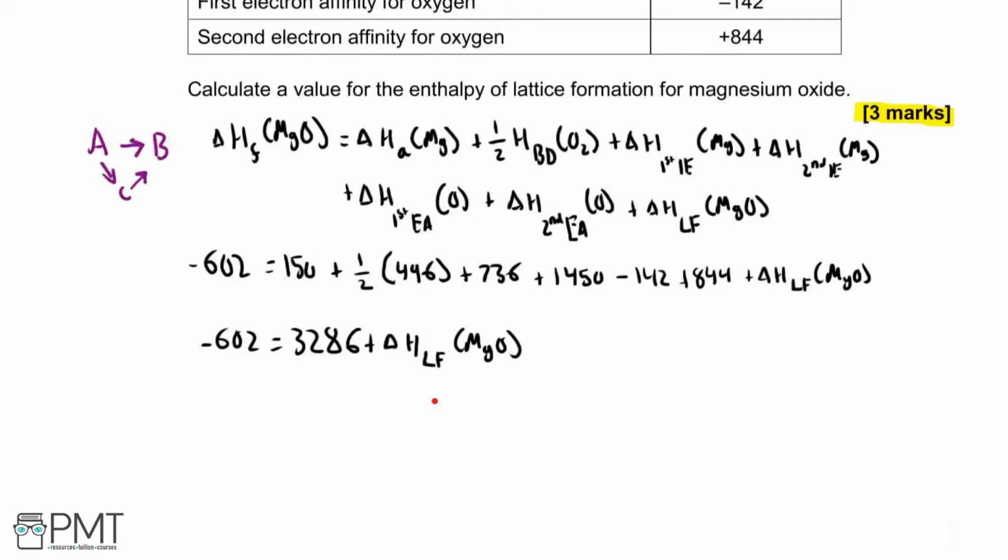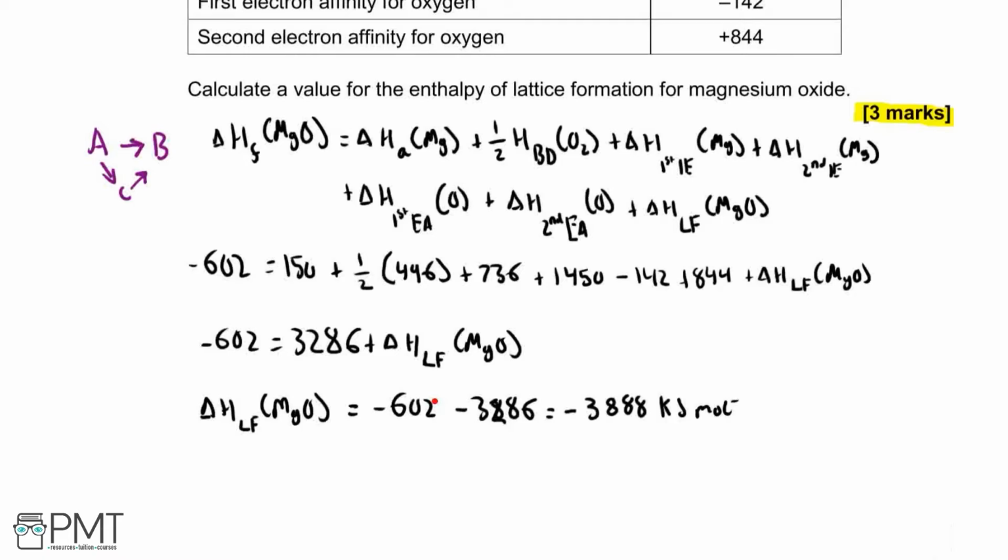So rearranging that, we are going to find that delta H LF MgO is equal to minus 602 minus 3,286. So our final answer is going to be minus 3,888 kilojoules per mole.